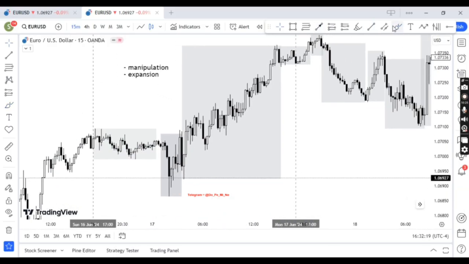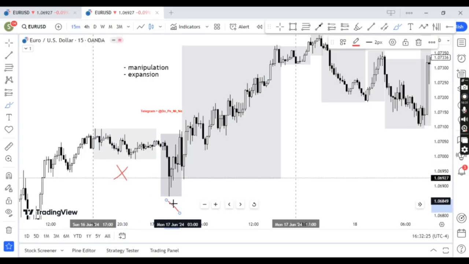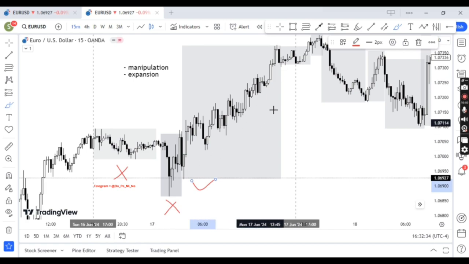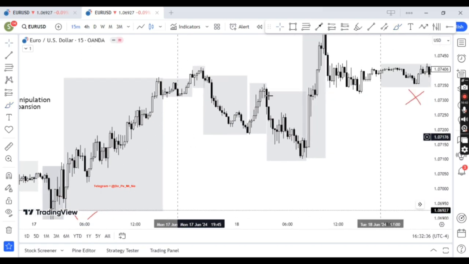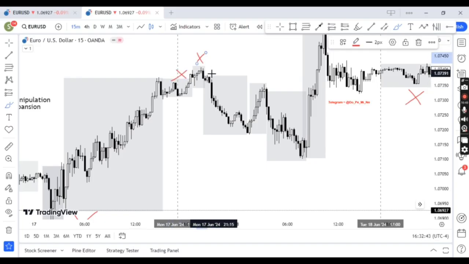On Monday, obviously you would have avoided trading this ranging profile, you would have avoided trading this manipulation profile, and you would have only traded this expansion profile, and it would have offered you this explosive expansion move towards the upside, right? Then on Tuesday, obviously you would have avoided trading this ranging profile and this manipulation profile, and only traded what? Only traded the expansion profile and reversal profile from here, right?